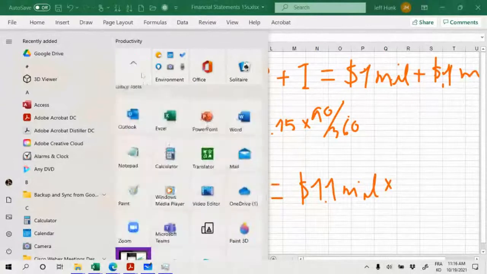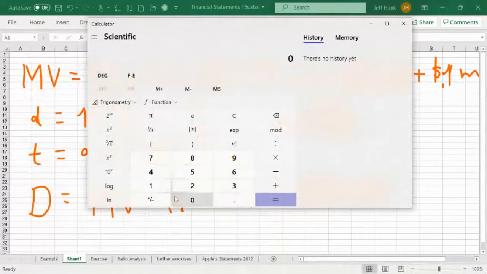The whole thing will be, oh, that's 1.1 million, not 11 million, times open parenthesis 1 minus 0.15 times 90 over 360, which is the same thing as 9 over 36.